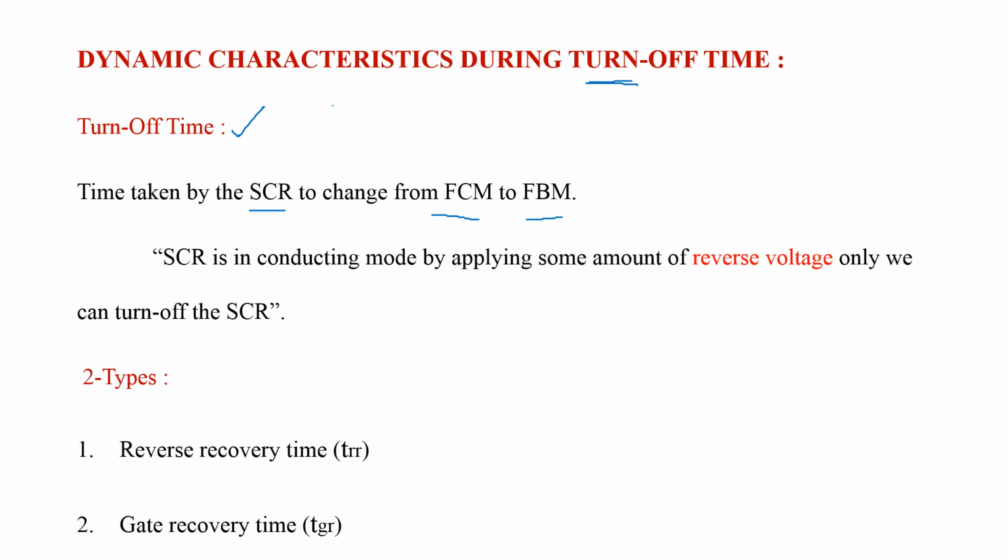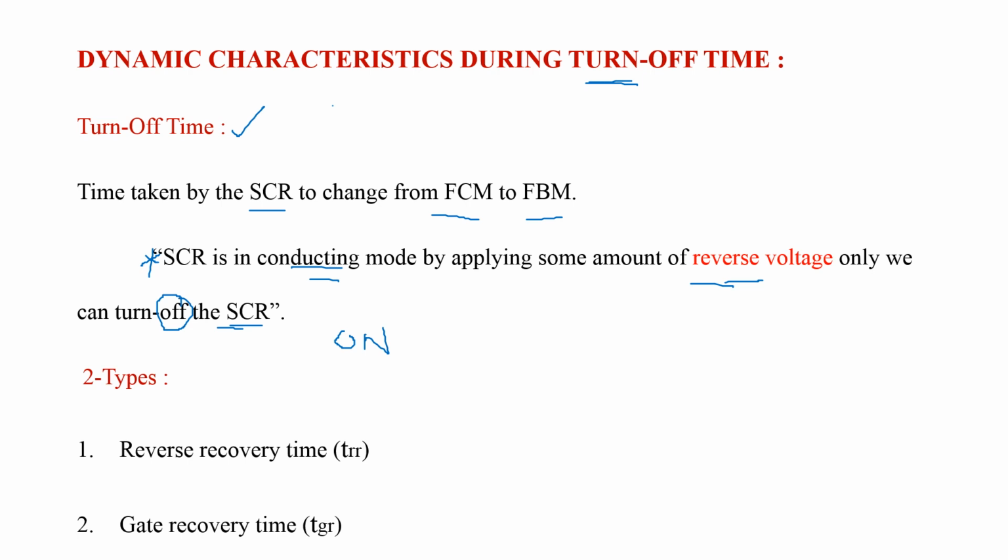Now this point is very important: once the SCR is in conducting mode, by applying some amount of reverse voltage only we can turn off the SCR. Why? Because the SCR is a controlled on and uncontrolled off device, meaning by using some amount of reverse voltage only we turn off the SCR.